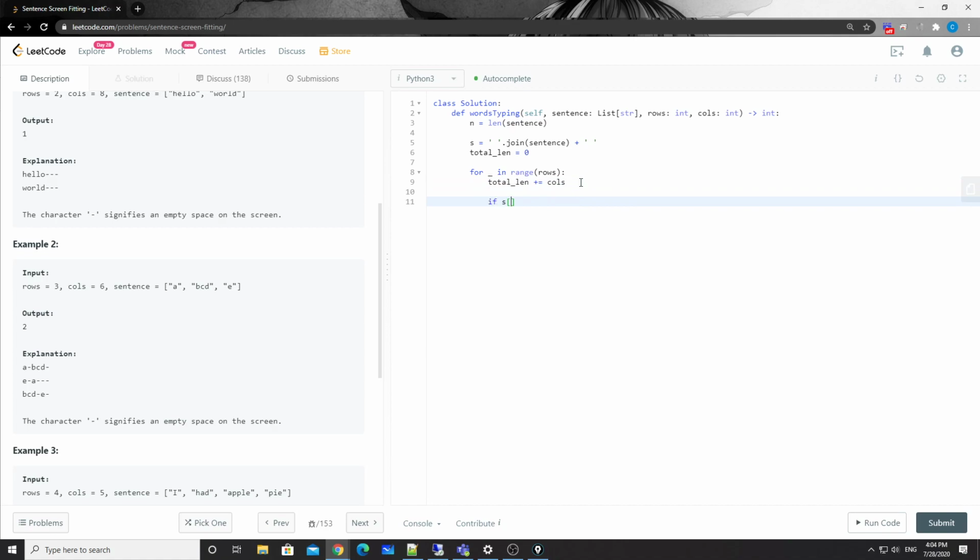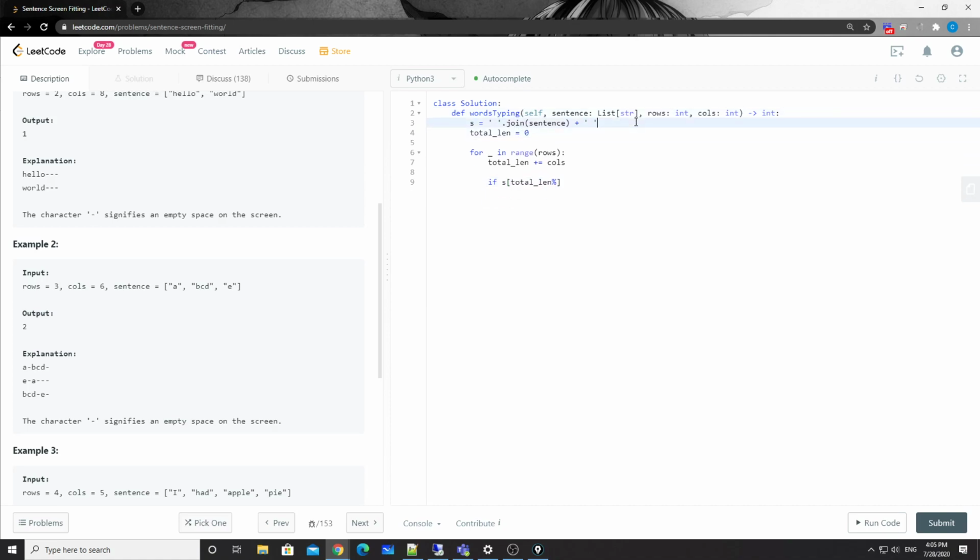So if the sentence of the total length do a modular with the length of, actually I don't need this one here.